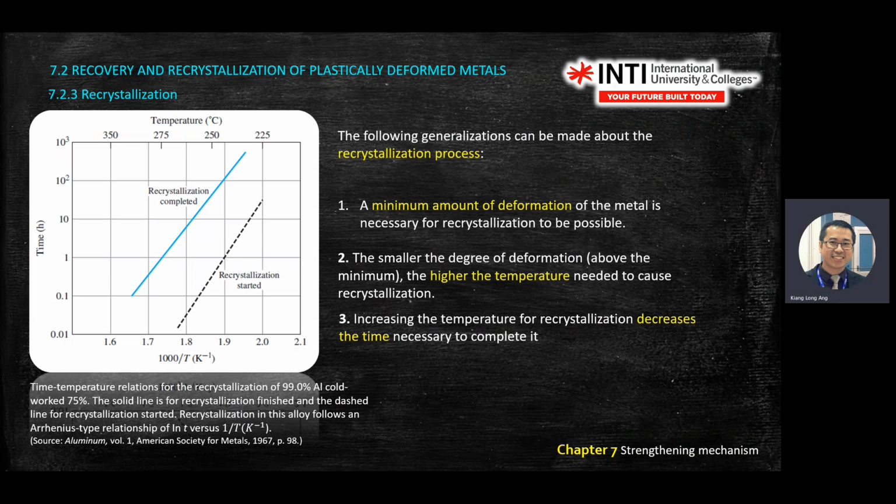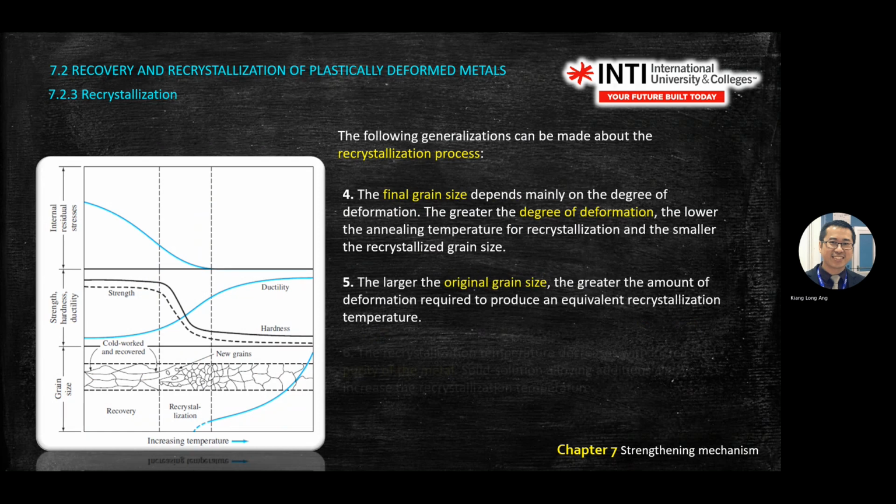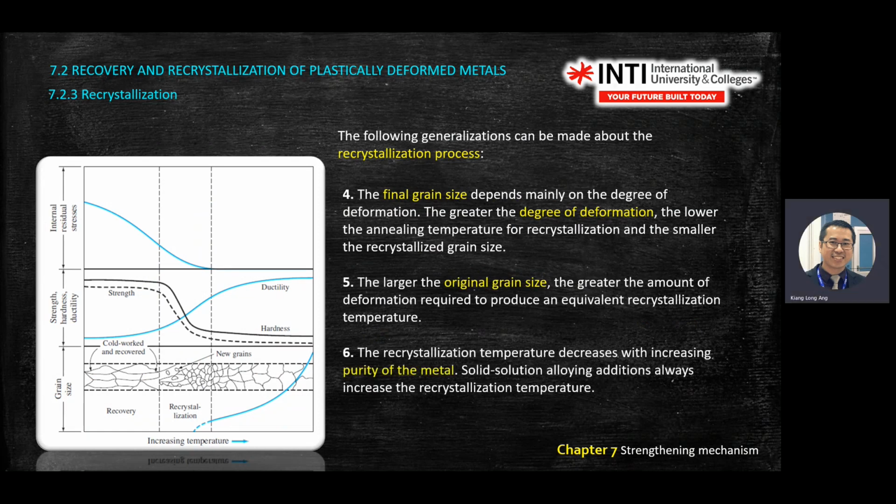This type of data in material science, you will see this word called Arrhenius. Arrhenius is very famous for materials, especially the recrystallization process. Okay, the rest you read.